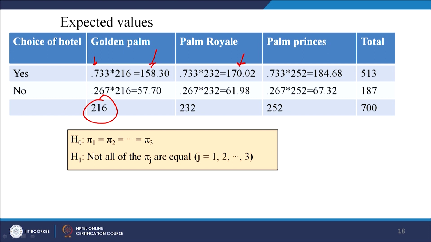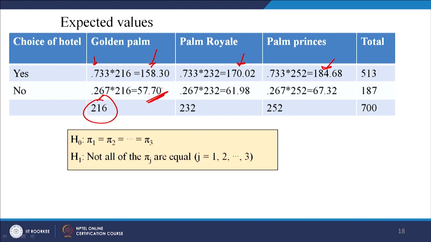Similarly, this is an expected frequency, this is an expected frequency. How to get this expected frequency? It is 1 minus 0.733 is 0.267, right, multiplied by 216. So, this is one way of calculating expected frequencies.